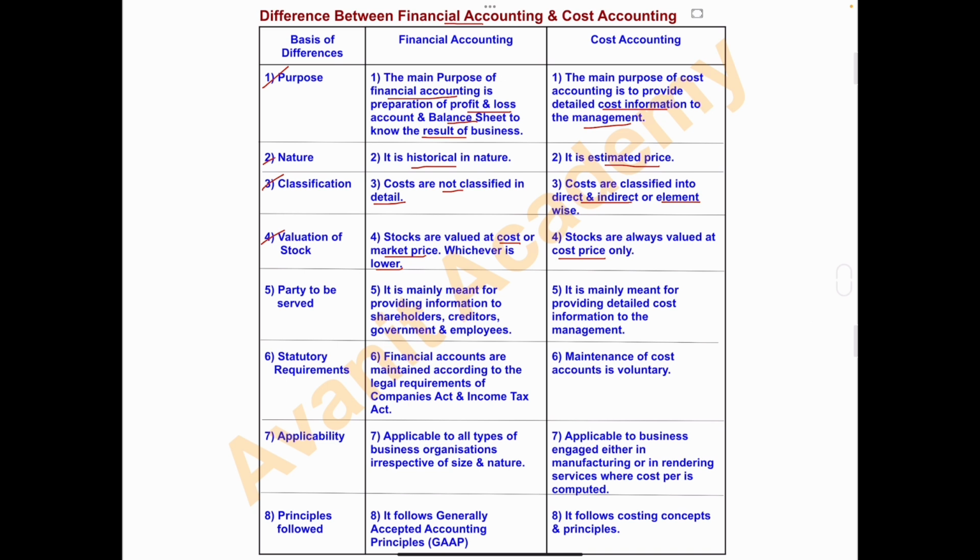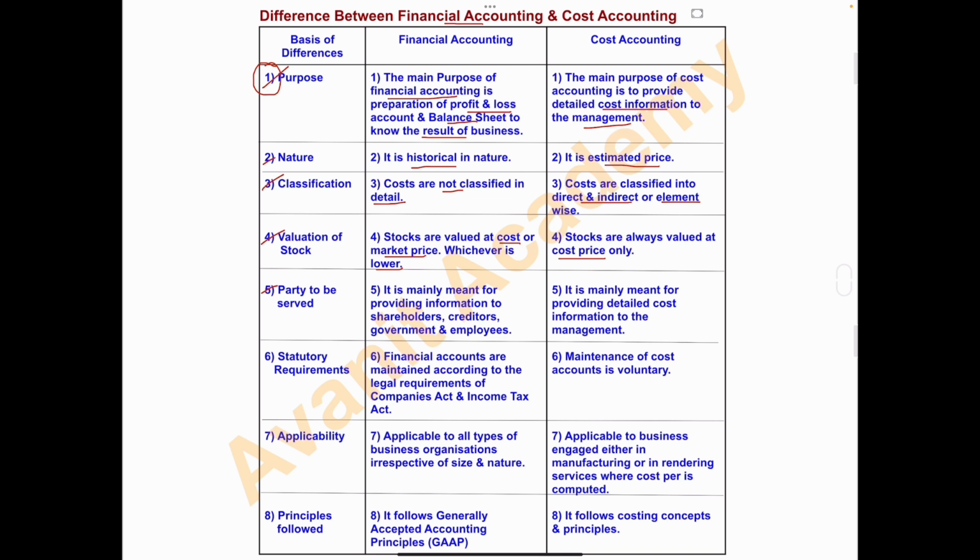Fifth one, party to be served. It is mainly meant for providing information to the shareholders, creditors, government, and employees. So, in the first point, what we have studied, in financial accounting the accountant prepares profit and loss account and balance sheet to know the financial position of the business.